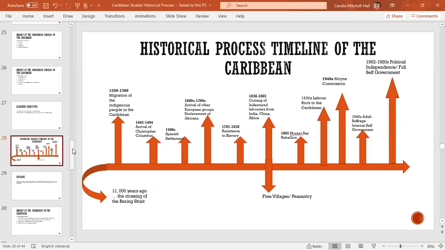So that's where we are. So now we're looking at 1492, the arrival of Christopher Columbus. Columbus did not discover the Caribbean. He came, he saw, and he conquered. So by 1492 to 1494, we have Columbus arriving in the region.